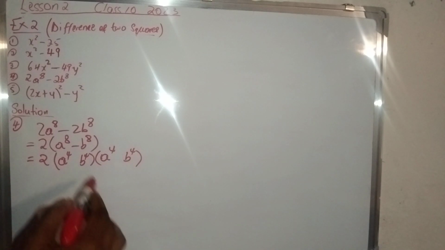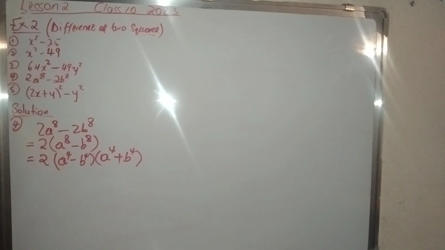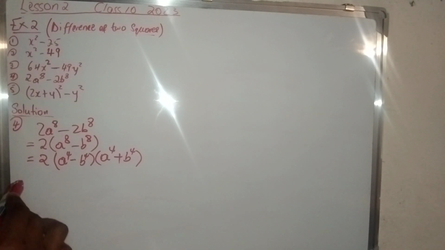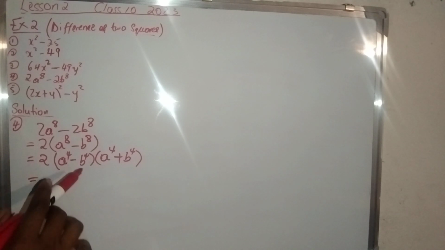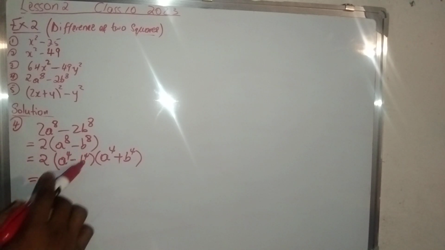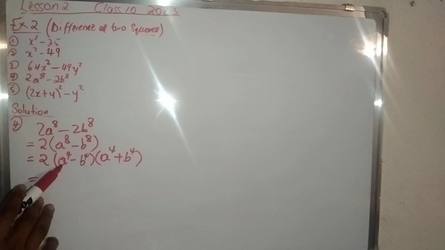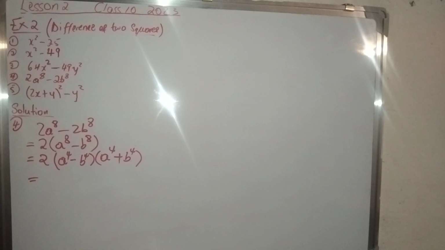And remember, guys, one side must be negative and the other one must be positive. Why? Because we're dealing with a difference of two squares. Then here, guys, bear in mind that these brackets form a difference of two squares because you have a variable with an exponent of 4 and another variable with an exponent of 4.